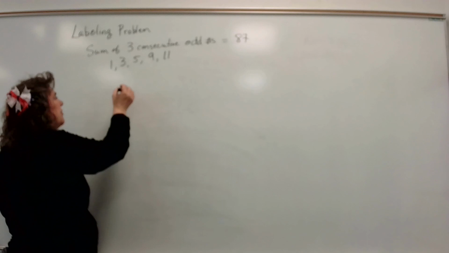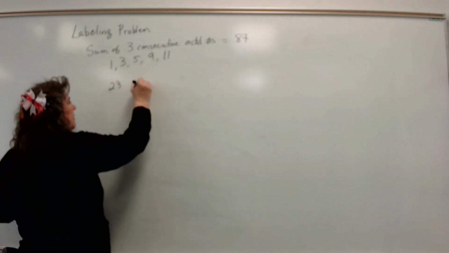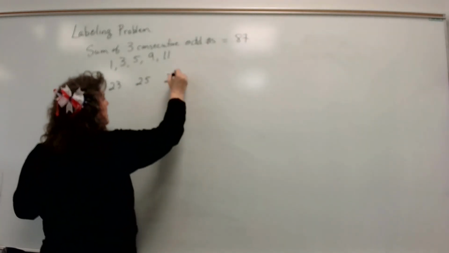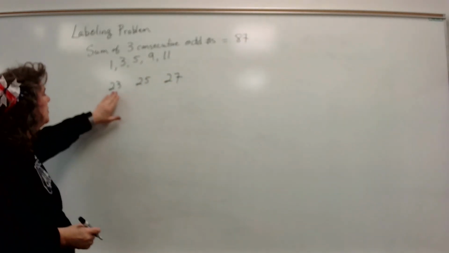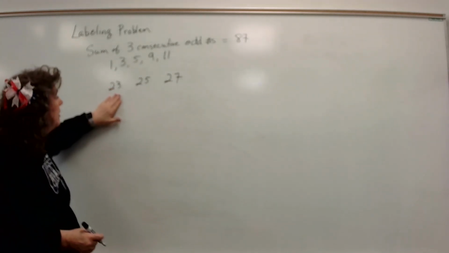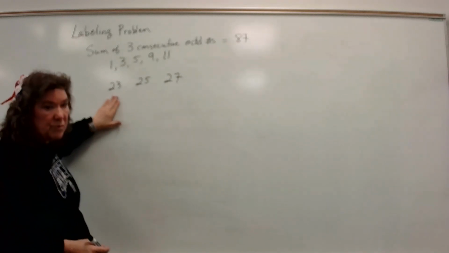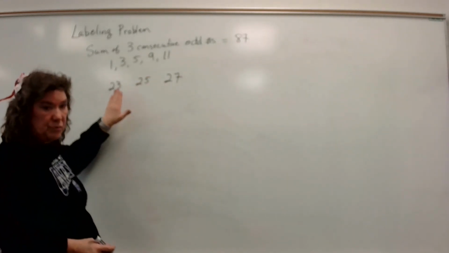So if we just took 3 odd numbers, how about 23, 25, and 27? If you compare these numbers, you will notice if I choose my base as 23, 25 is 2 more than 23, and 27 is 4 more than 23.